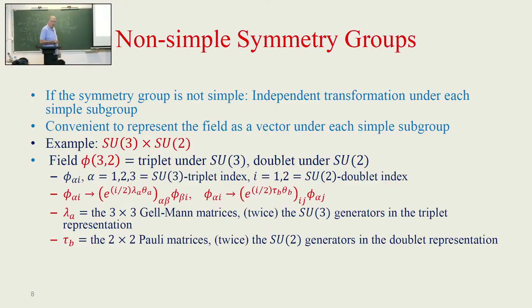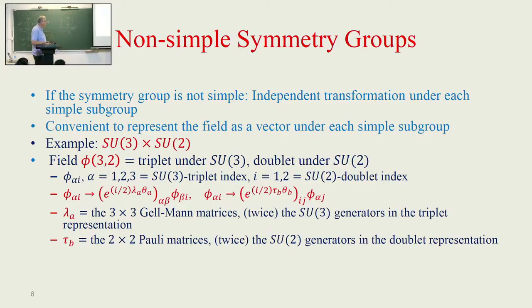A runs from 1 to 8, the number of generators of the group, n squared minus 1, and each of lambda 1, lambda 2, lambda 3, lambda 4 is a 3 by 3 matrix. Actually, these are known matrices, okay? They are called the Gell-Mann matrices. So these are 8 known matrices, and this is how a triplet under SU(3) transforms.